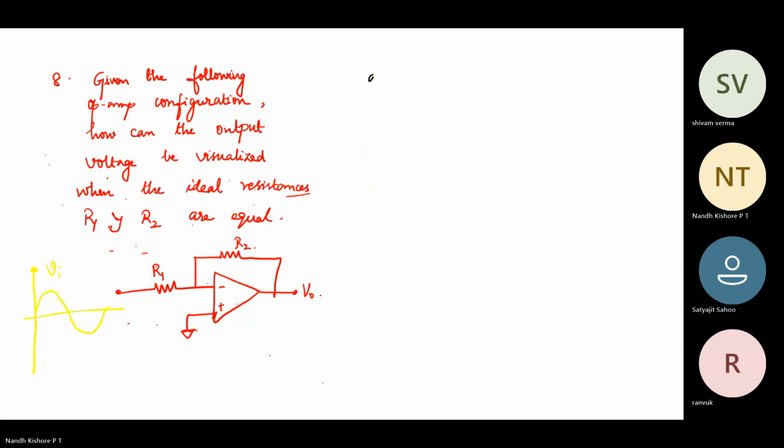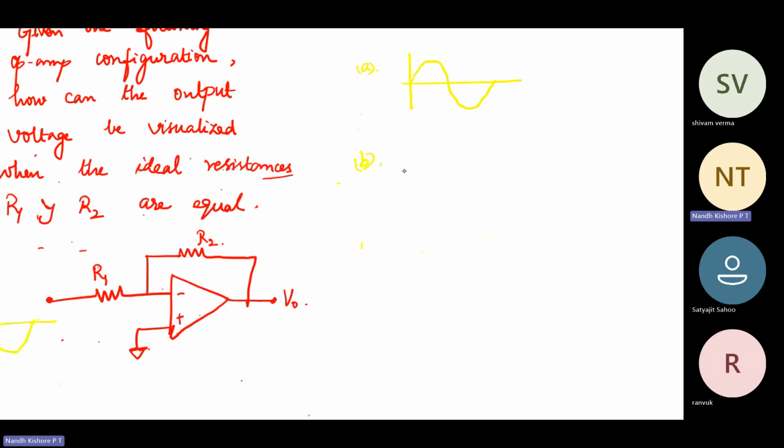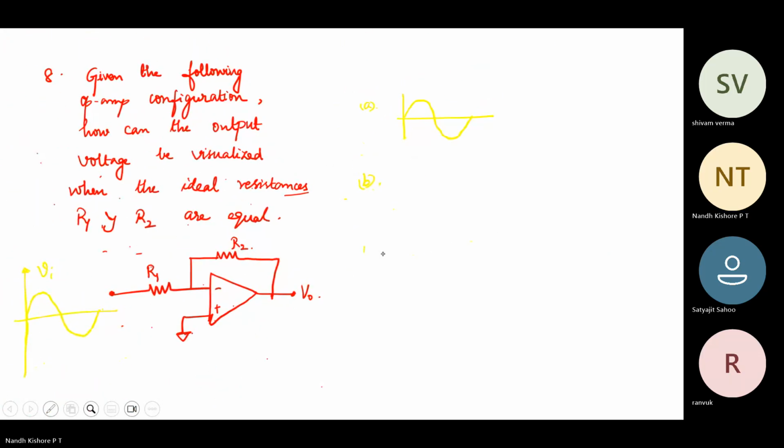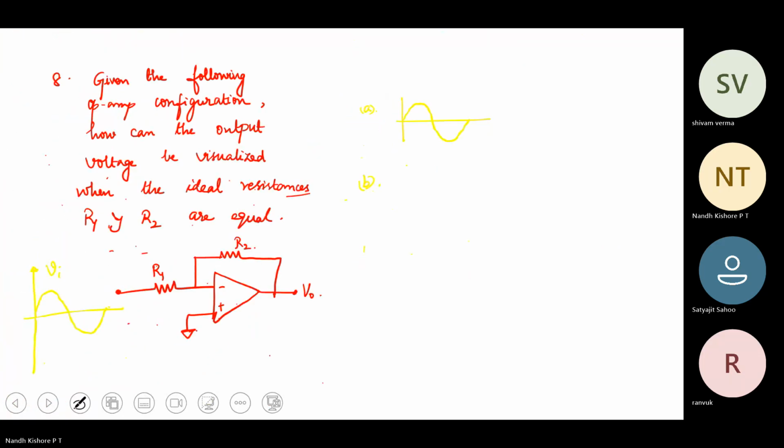A is just the sine wave again. B is a triangular wave.